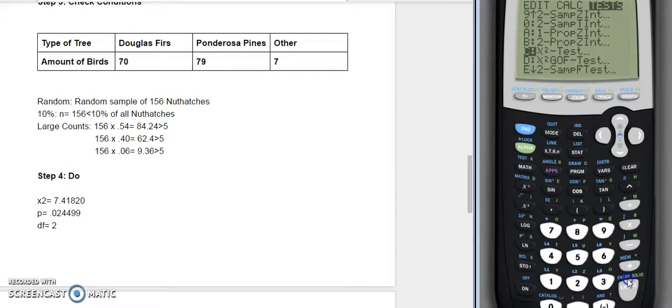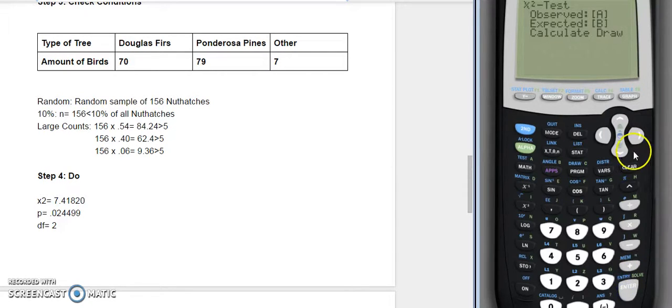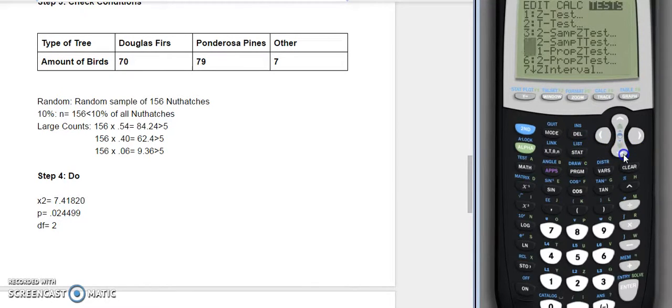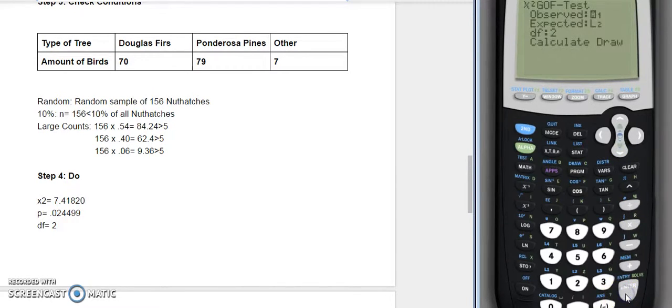Click Enter. Our observed counts are in List 1. Our expected counts are in List 2.